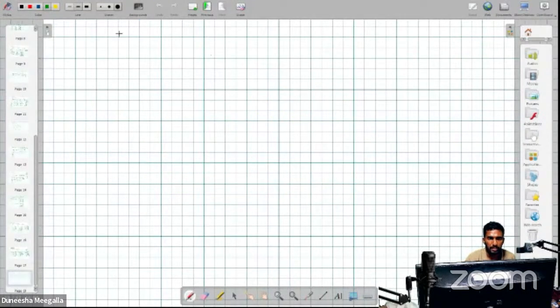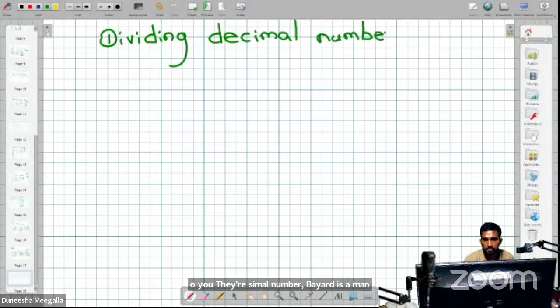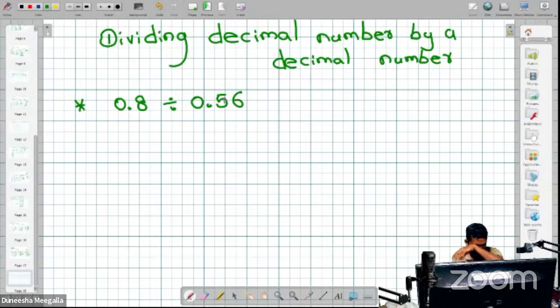Write down a subtopic: dividing a decimal number by a decimal number. 0.8 divided by 0.56.